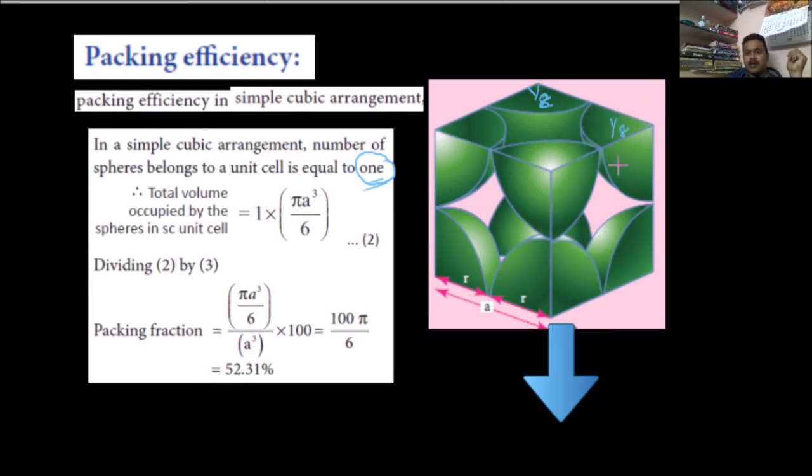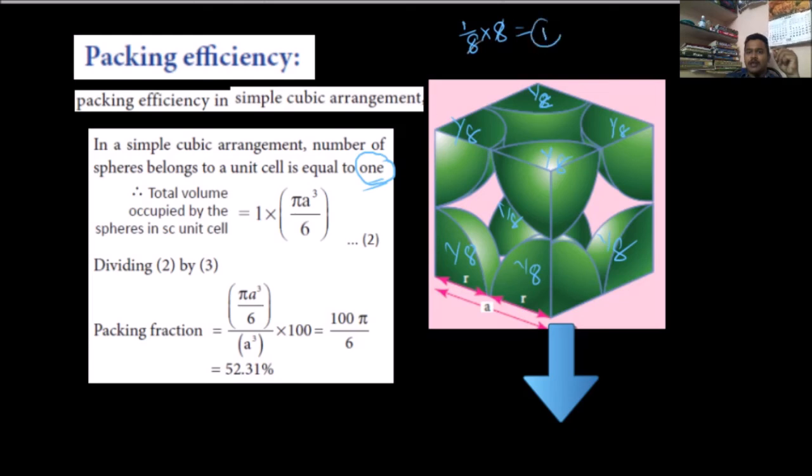How much part of that sphere is present in this unit cell? 1 by 8 here, 1 by 8 this side, 1 by 8 this side, 1 by 8. From each corner 1 by 8 part is coming, and like that 8 corners are there.